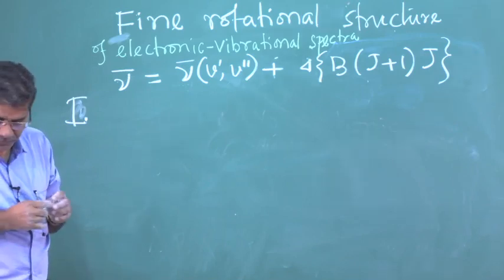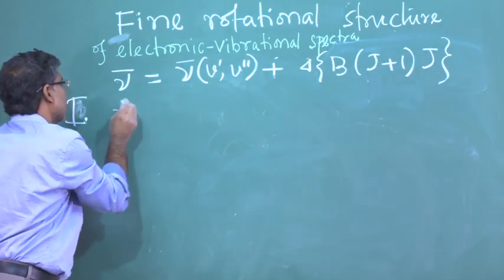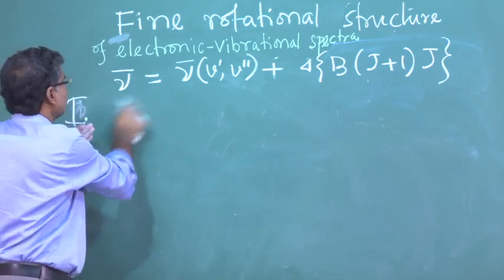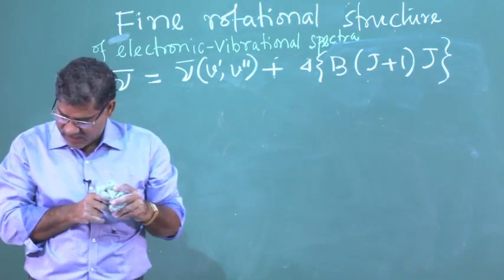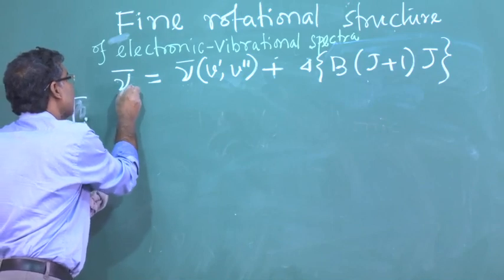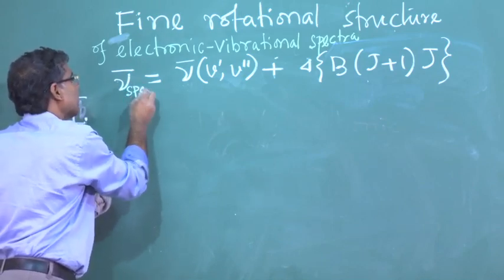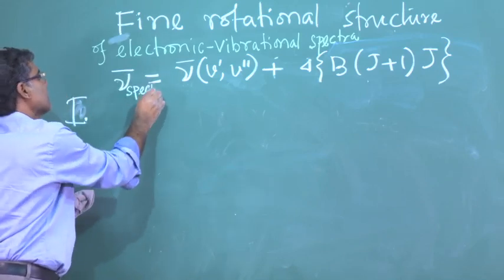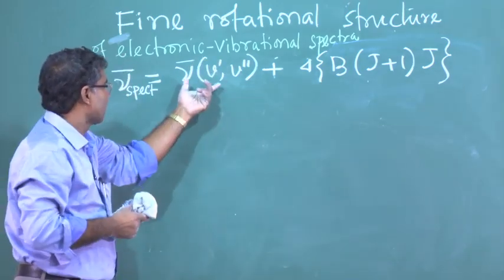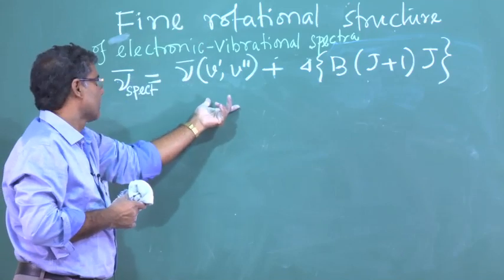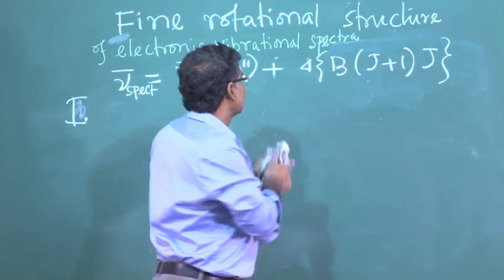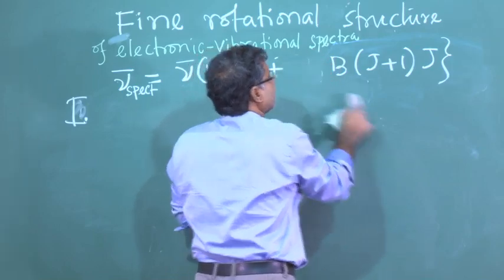This will be the wave number of the spectral lines; one part comes from the electronic vibration transition, and this part from the rotational transition.